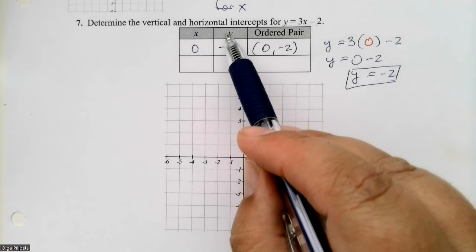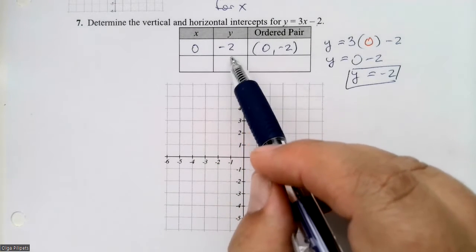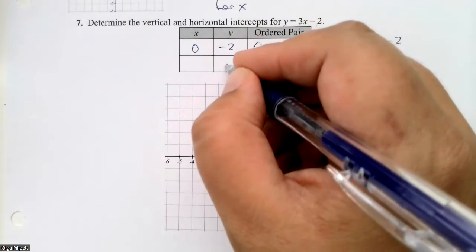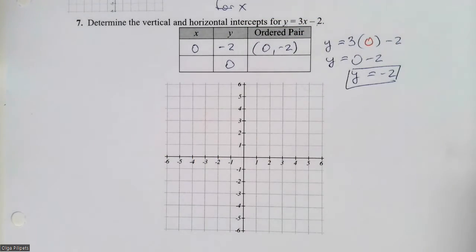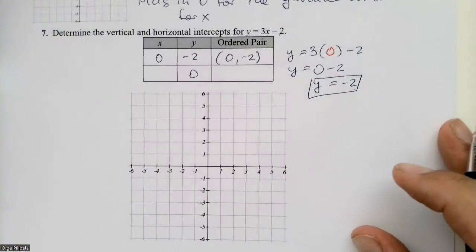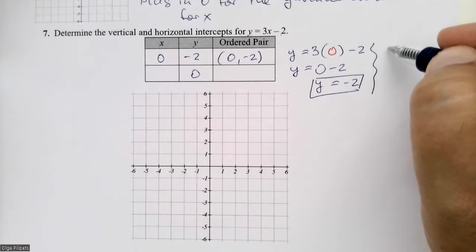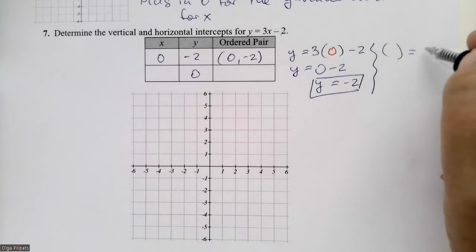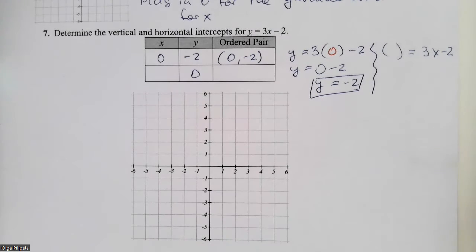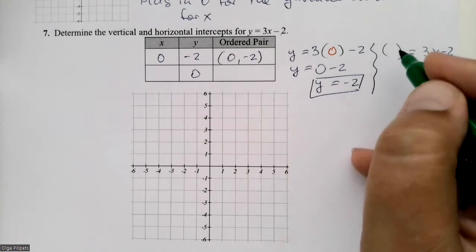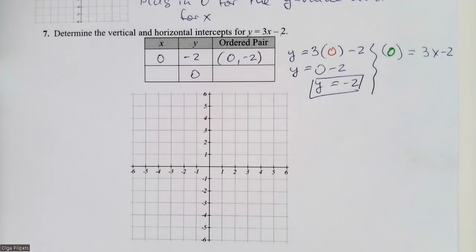Let's figure out our horizontal intercept. For the horizontal intercept, we set y equals 0 and plug that into the equation. So we have y equals 3x minus 2. Instead of y, we are putting in a 0. So that's our equation: 0 equals 3x minus 2. Let's start solving it.